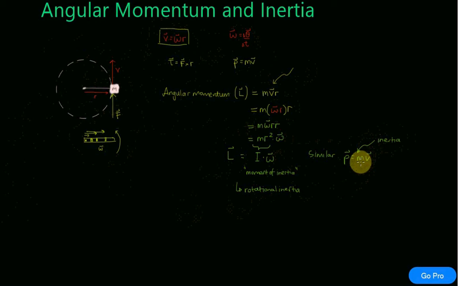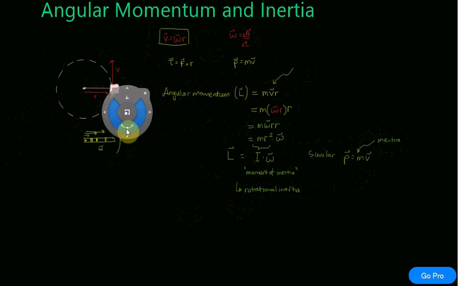When a heavy object is moving, it's difficult to stop. The same principle applies with rotational motion. If this particular object is heavy, I have to apply quite a large torque to it, in terms of force times the distance from the axis of rotation, in order to get this object to start rotating.